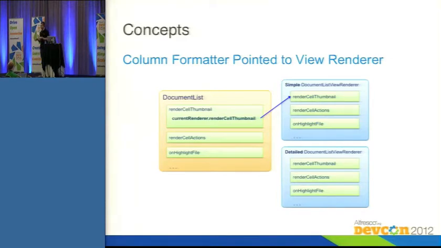So this style allows that backwards compatibility, and any extensions of that class that you all may have done should remain in place, and that render cell thumbnail method wouldn't be affected if you're overriding it. So again, the document list still contains those. It's going to look up what is the current view selected by the user, and it's going to call the corresponding formatter within that view renderer object.